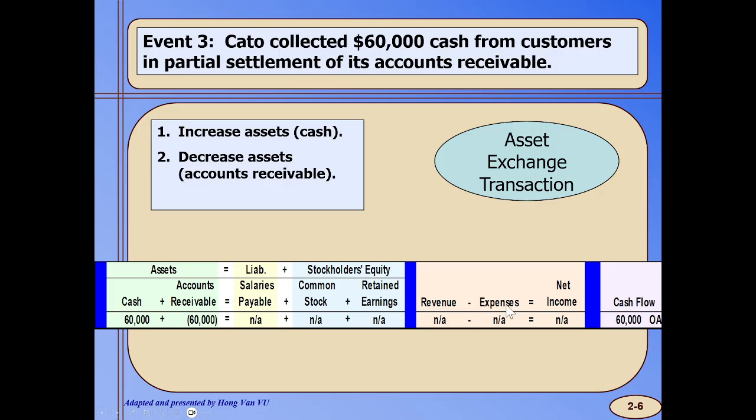The income statement is not affected, but the statement of cash flows reports an inflow of 60,000 for operating activity. It is classified as an asset exchange transaction.